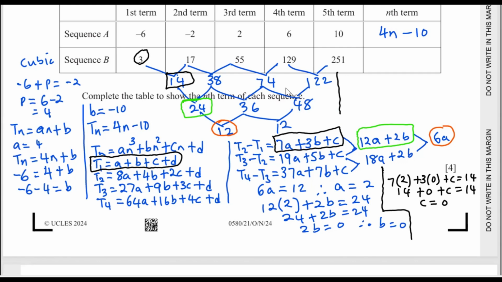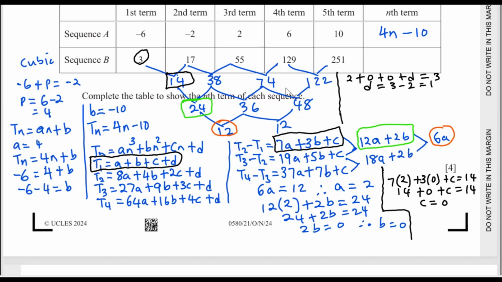So we are going to have T1. What we have here now is A, which is 2, plus B, which is 0, plus C, which is 0, plus D equal to 3. So what we have there is D equals 3 minus 2, which is 1.